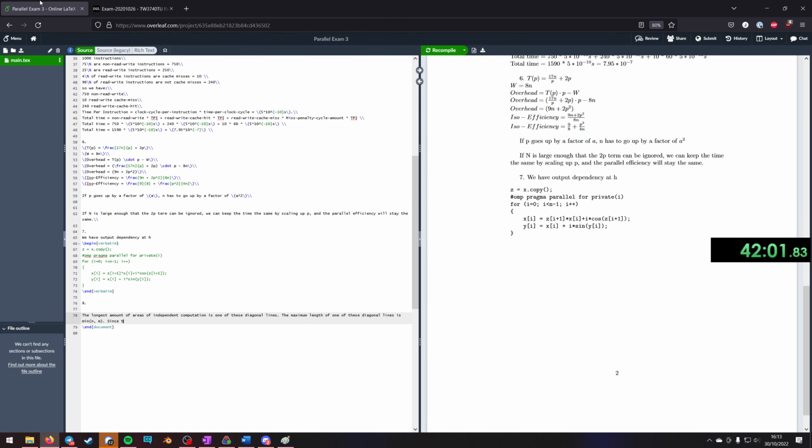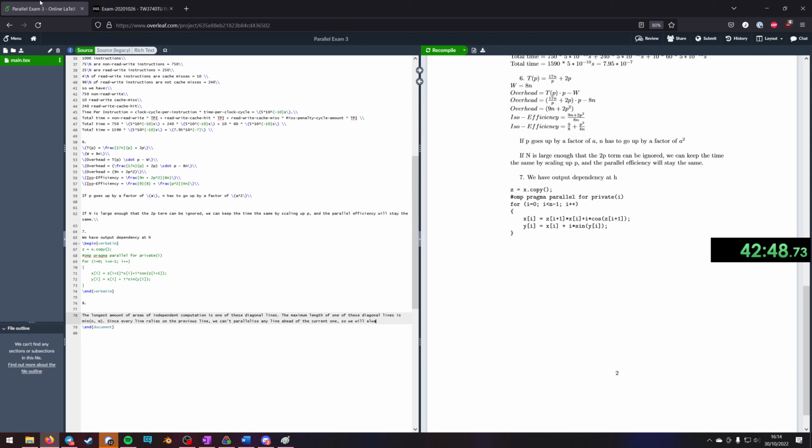Since every iteration relies on all previous iterations, or since I'm going to call them lines, each line relies on the previous line, we can't parallelize any line ahead of the current one.